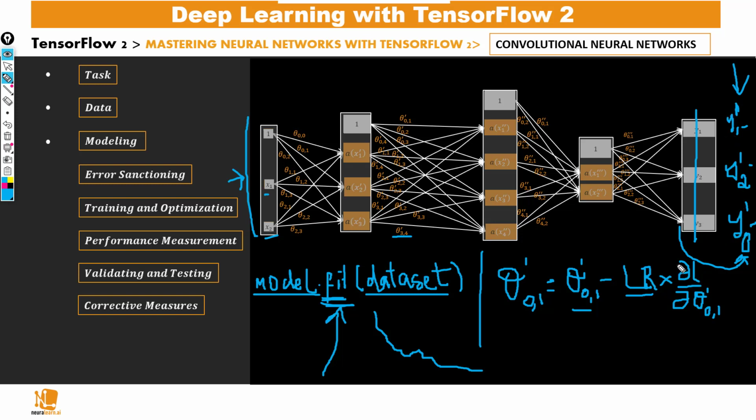So here we have this partial derivative of the loss with respect to the parameter or the weight in question. And so if we want to update, say, this theta double prime to 1, we'll simply use this same approach. Now, the way TensorFlow computes this partial derivative right here is by automatic differentiation.